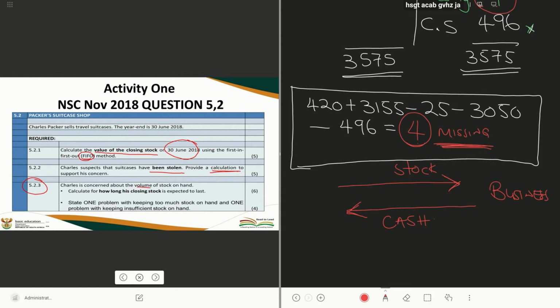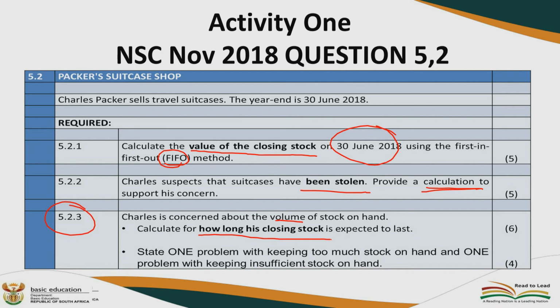Okay? Now, the next question says now, calculate for how long his closing stock is expected to last. In most exam papers, they'll either ask you for how long is the closing stock, or they'll ask you how long is a particular number of units that they will give to you. Okay?